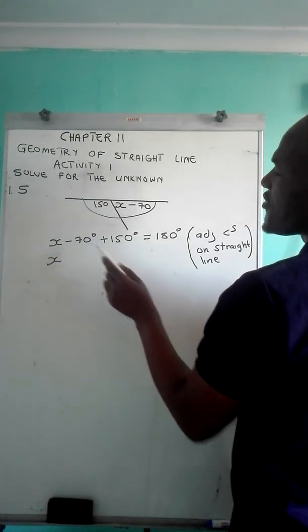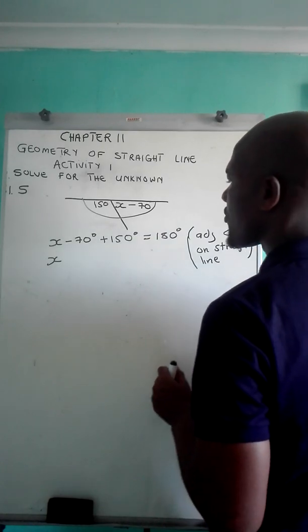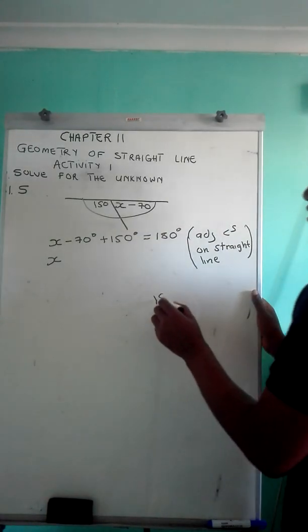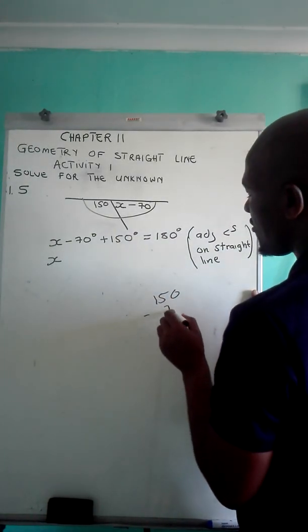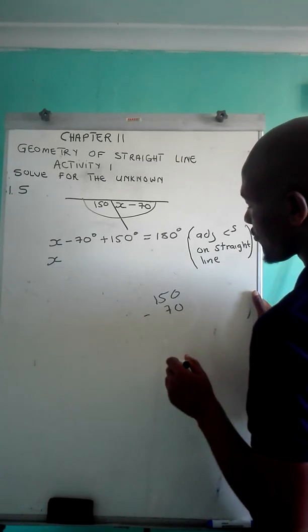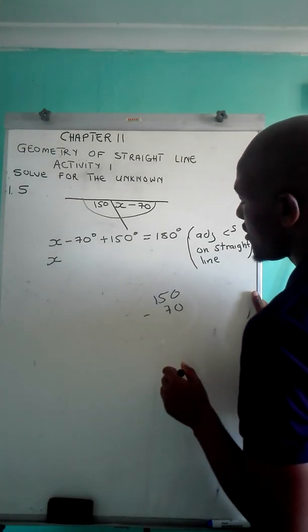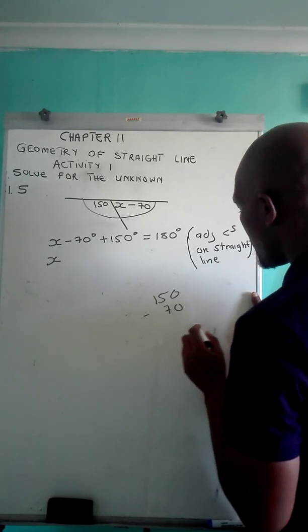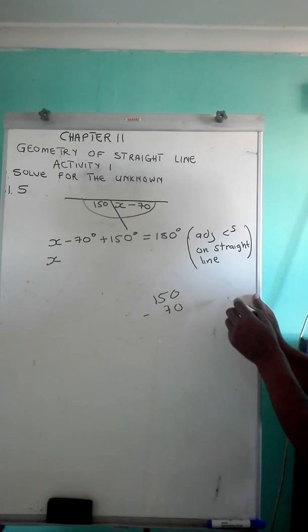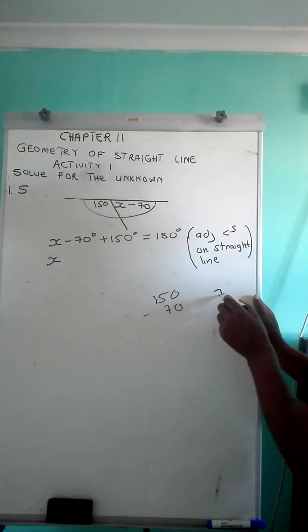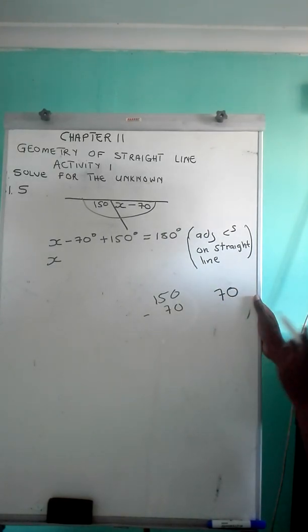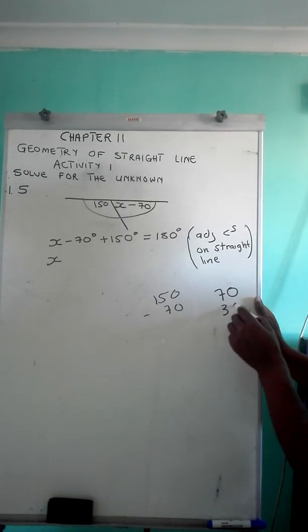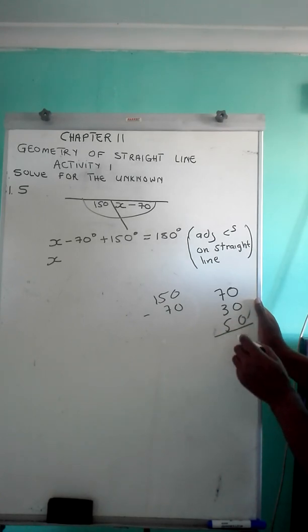Then what is 150 minus 70? We know that 70 plus 30 is 100, plus 50 is 150.